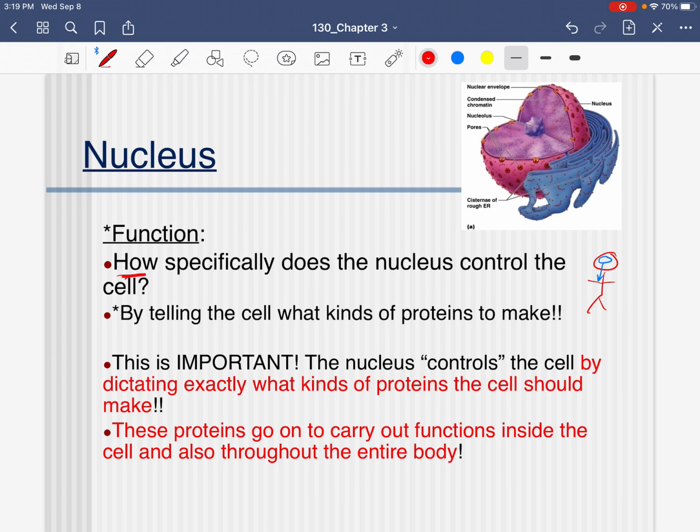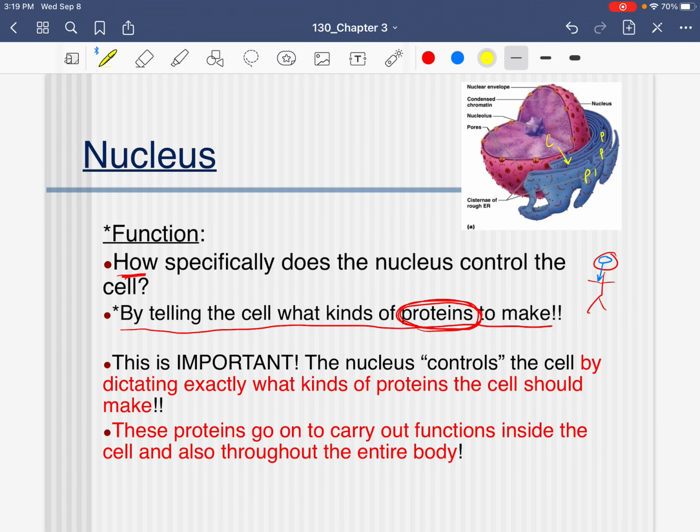Instead, the nucleus is able to oversee the cell by telling the cell what kinds of proteins to make. So at this cellular level, it is all about the proteins. When the ribosomes make those proteins, the nucleus, the control center, is telling the ribosomes what kind of proteins to make.